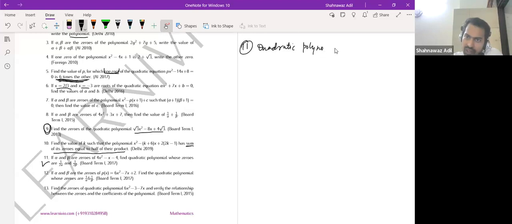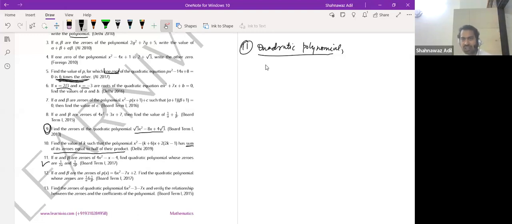So how do we write the quadratic polynomial in the form of zeros? ax square plus bx plus c, that is in the form of coefficients. I am asking in the form of the zeros. So whenever zeros are given, how do you write the quadratic formula?